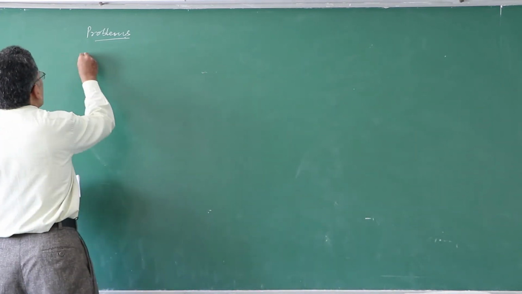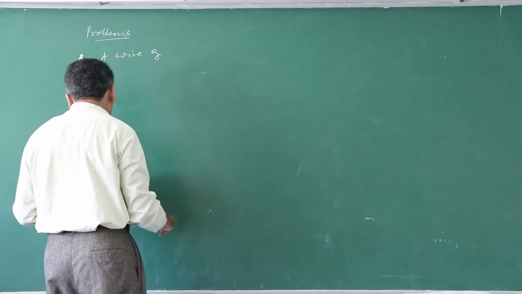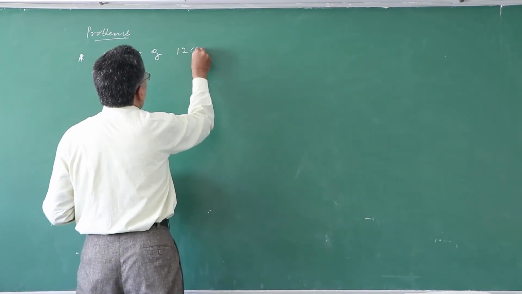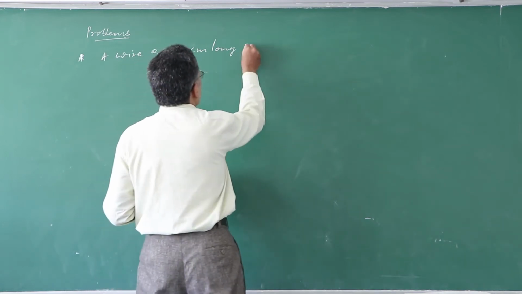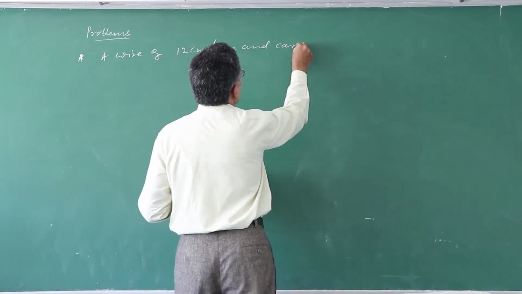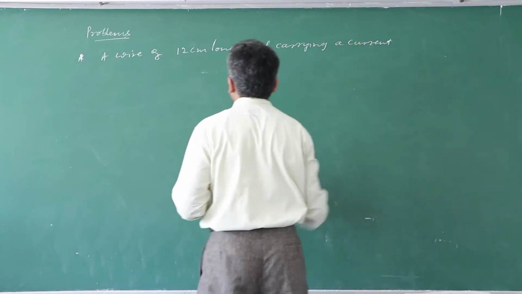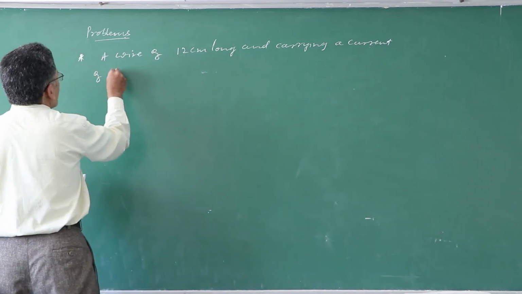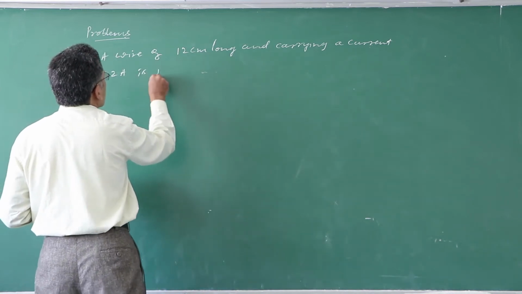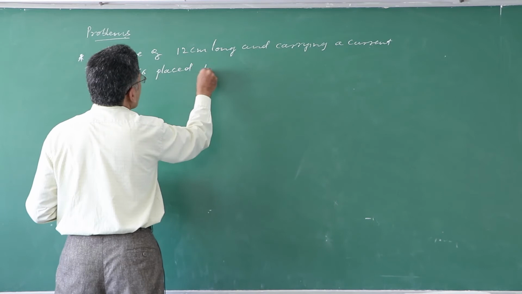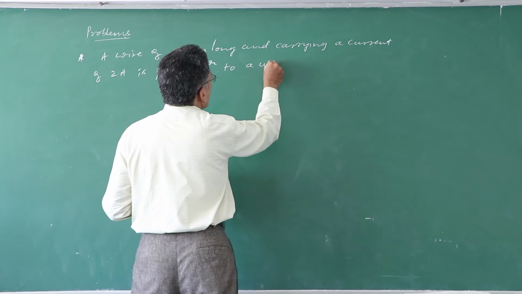A wire of 12 centimeter length, carrying a current of 2 ampere, is placed perpendicular to a uniform magnetic field.